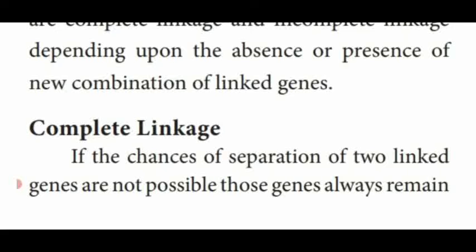So the linked genes are located very closely on the same chromosome and do not exhibit crossing over. That is, crossing over or separation is not possible. That type of phenomenon is called complete linkage.